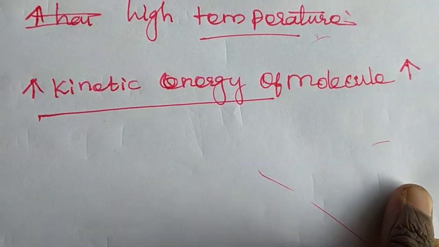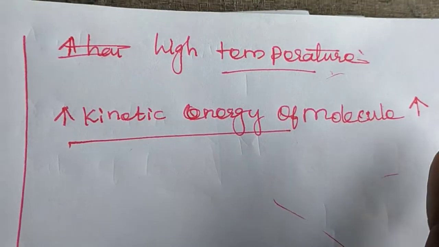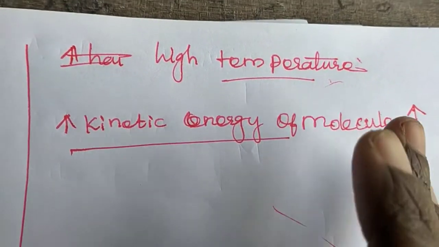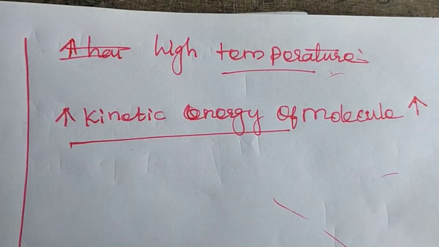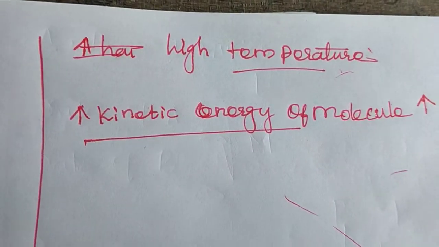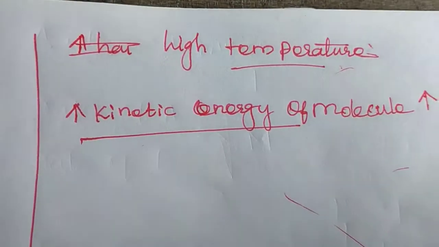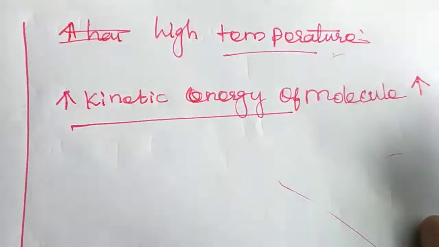Applying high temperature to gaseous particles, here also it is the same. When applying temperature to the gaseous particles, the gas particles absorb the heat energy, and the movement or kinetic energy of the molecules becomes higher. Why does it become higher?